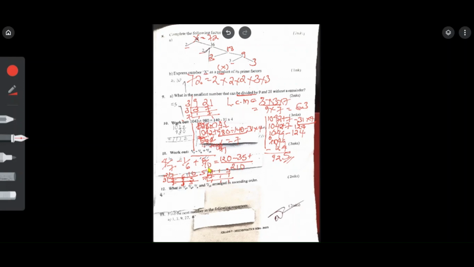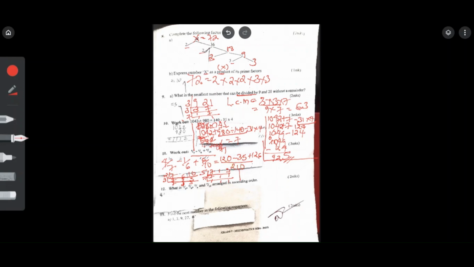210 divided by 10 is 21. 21, if I multiply by 6, it will be 126. So this is for the other working. Now I am taking 120 minus 35.